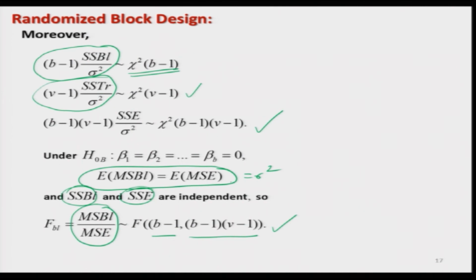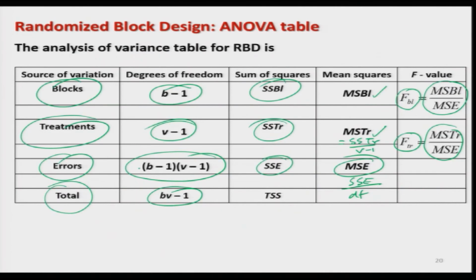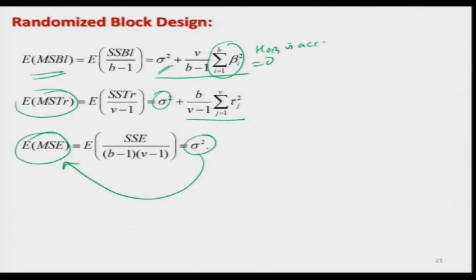Similarly, if all treatment effects are the same and H naught T is accepted, then the term summation over j tau j square becomes 0, and you simply get the expected value of MS treatment as sigma square. So, these expectations conclude the same thing as you concluded using the null hypothesis.